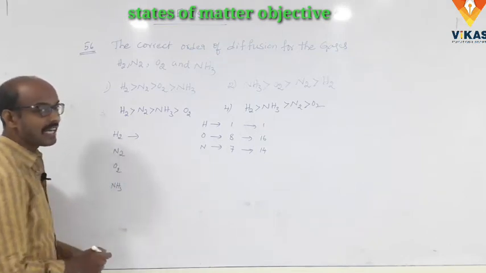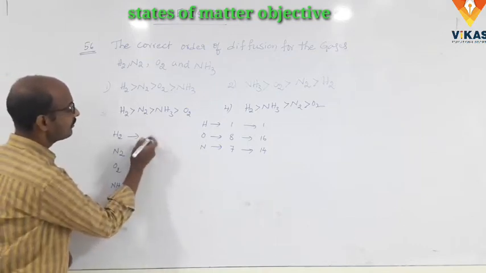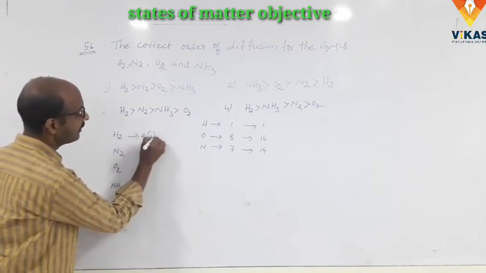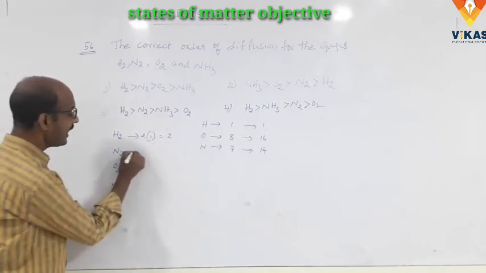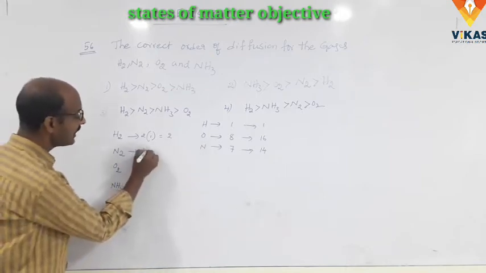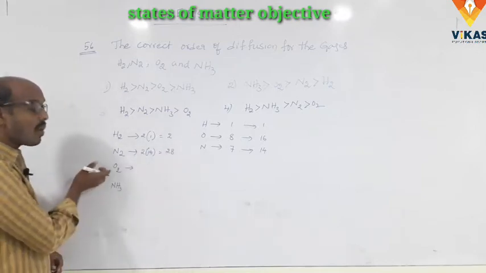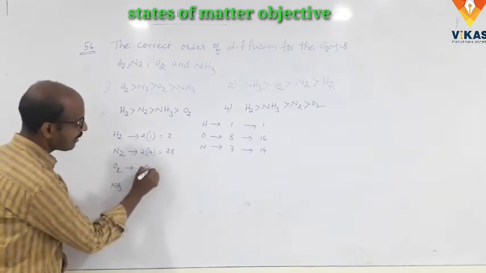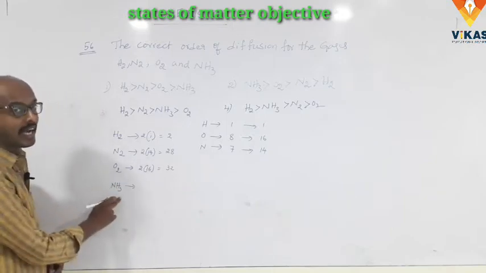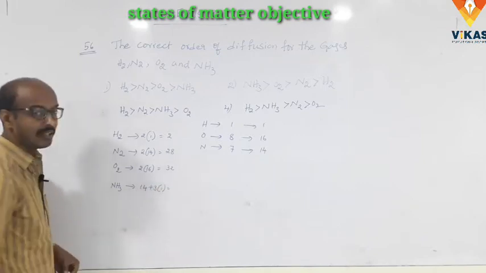First, hydrogen: what is its molecular weight? It is 2, because there are 2 hydrogens, each with atomic weight 1, so 2 into 1 equals 2. Next, nitrogen: each nitrogen has atomic weight 14, and there are 2 nitrogens, so 2 into 14 equals 28. Third, there are 2 oxygens, each with atomic weight 16, so that equals 32. Next, there is 1 nitrogen and 3 hydrogens: 14 plus 3 equals 17.